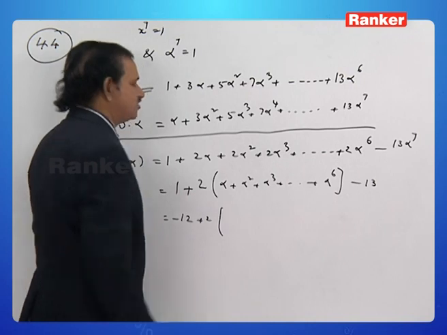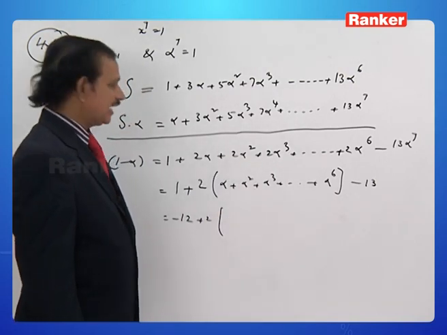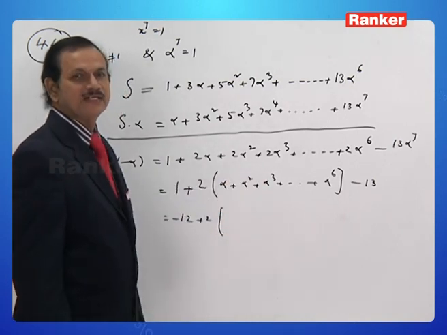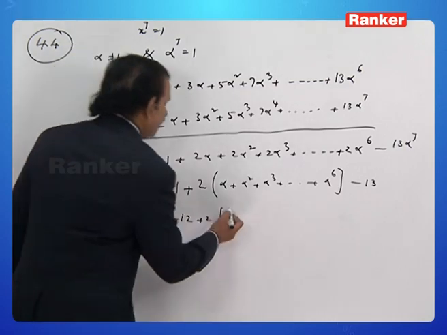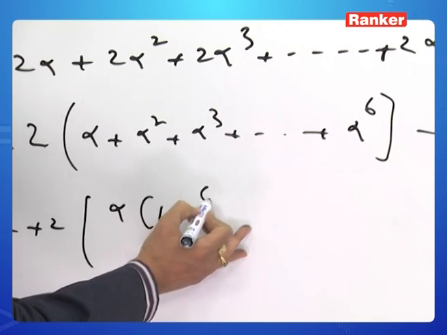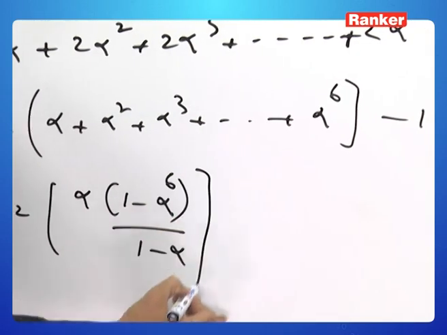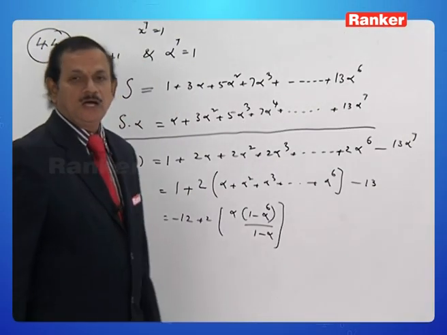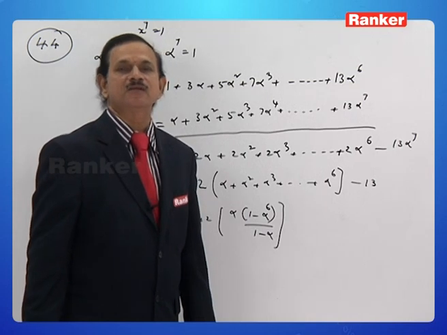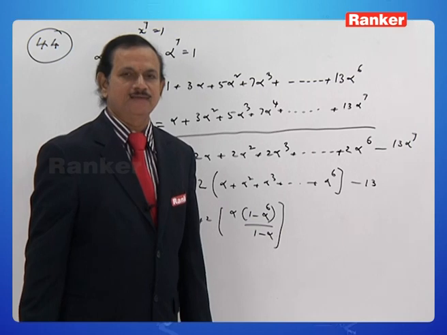You can observe this. This is just nothing but a geometric progression containing how many terms? 6 terms. This is the sum of a GP containing 6 terms. What is the answer? A into 1 minus R power n by 1 minus R, isn't it? I have made use of the formula to find the sum to n terms of a GP. A is the first term and R is the common ratio.